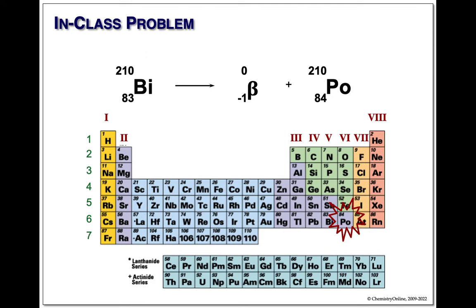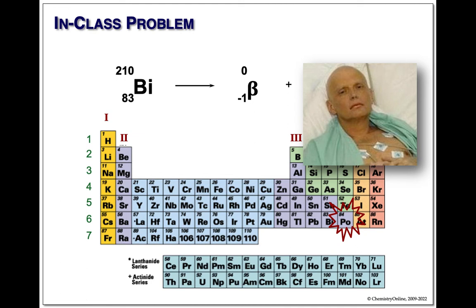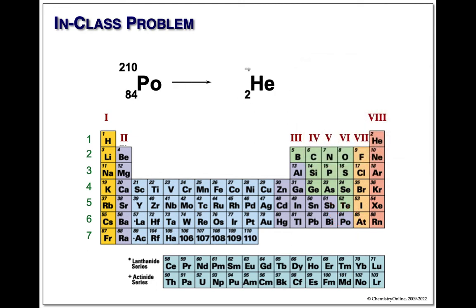Apparently, the Kremlin was having difficulties with a former KGB agent, and so they invited him to tea, gave him 10 nanograms of polonium 210, and he died 3 weeks later. This was 2006. Yeah, bad stuff. Like I said, polonium 210 is an alpha emitter.